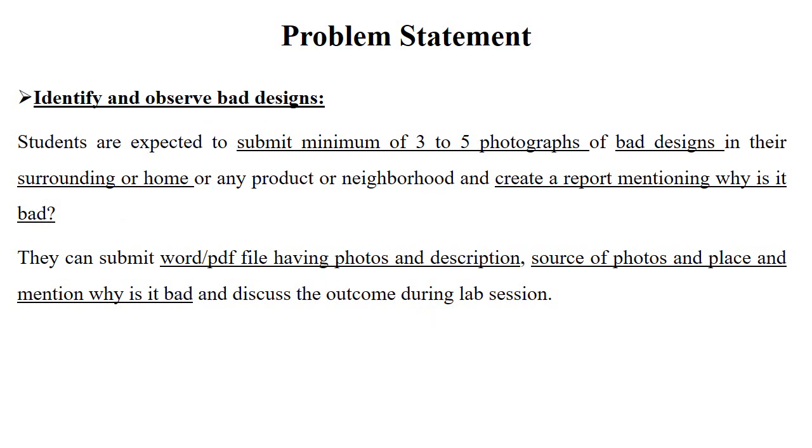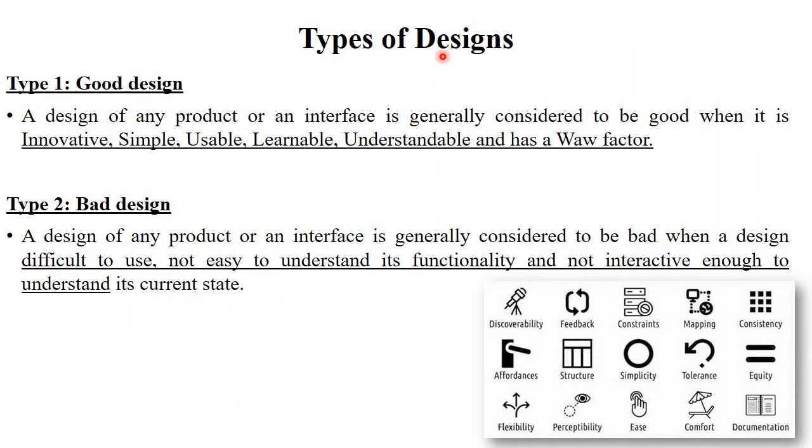So let's see which types of bad designs are present in your surroundings. First, what exactly are the types of design? There are two types of design. One is good design, another is bad design. What exactly is good design? A design of any product or interface is generally considered good when the design of the particular product is innovative, simple, usable, learnable and understandable to each and every person, whether educated or not educated, and has a particular wow factor.